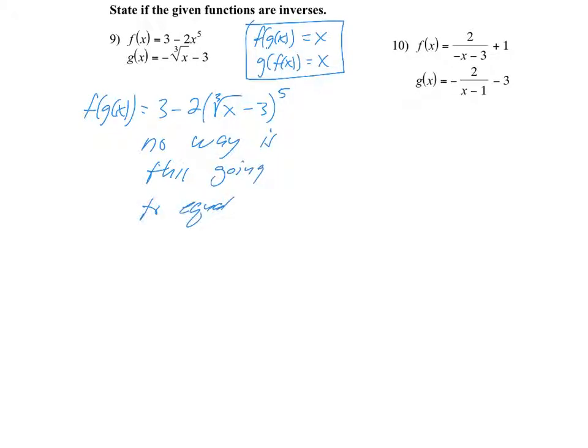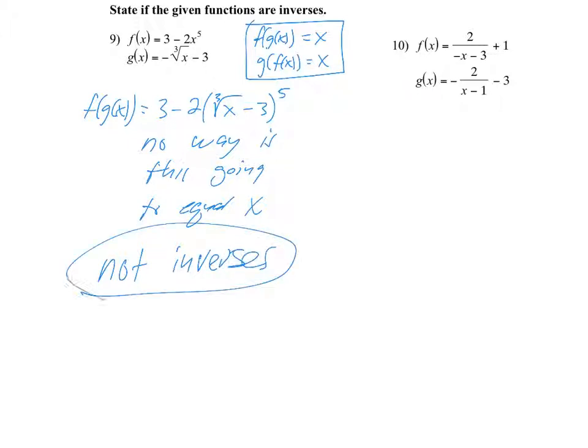Doing binomial expansion, or if you just wrote radical x minus 3 times radical x minus 3 five times, which would be radical x minus 3 to the 5th power, we're not going to get anything where it's just x. And then we have this over here, so it's not going to work. So these guys are not inverses. Sometimes you just have to start it and you can figure out it's not going to happen.